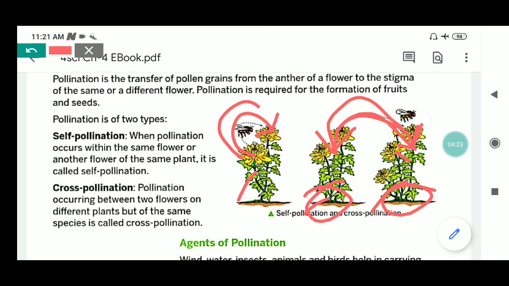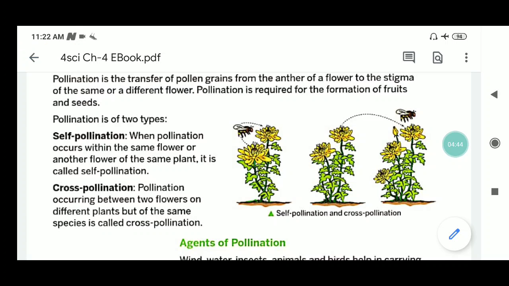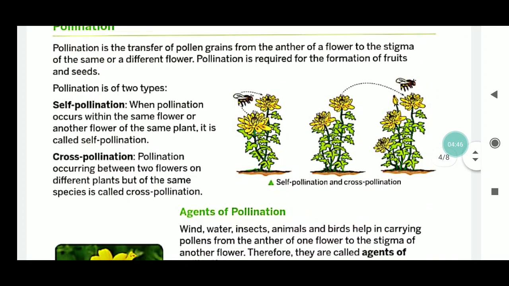This one is self-pollination and this is cross-pollination, and cross-pollination occurs between two plants. That is why it is more complex than self-pollination. Self-pollination is simple, and cross-pollination is a complex type of pollination.